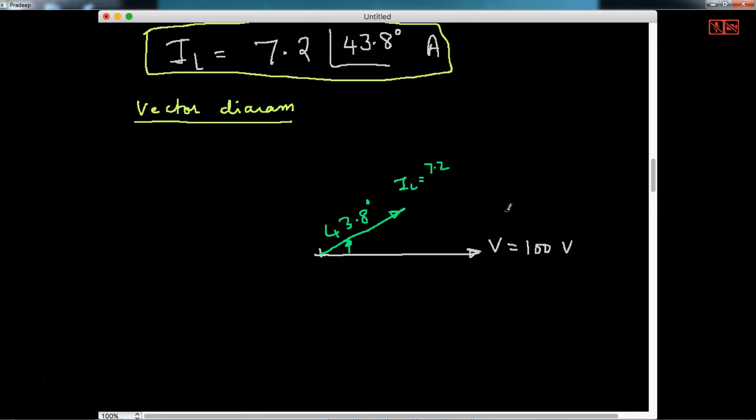Now we need to also do one more thing, that we need to calculate the voltages of each component. If I draw the circuit once again, let me draw the circuit here. I have a resistance, I have a reactance, and I have a capacitance. This total voltage is supposed to be 100 volts.